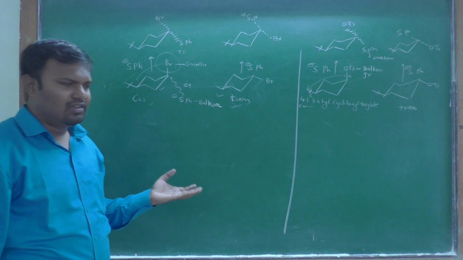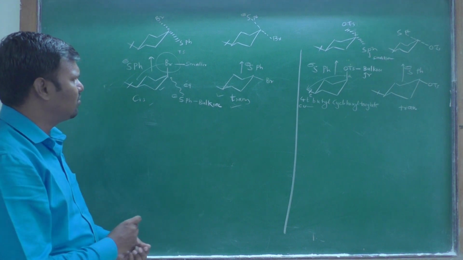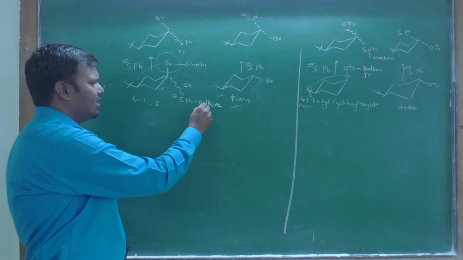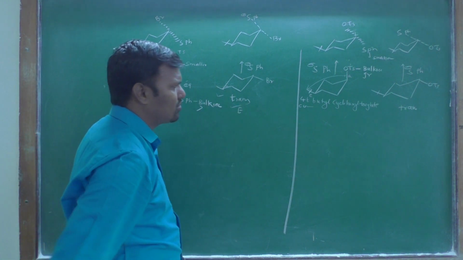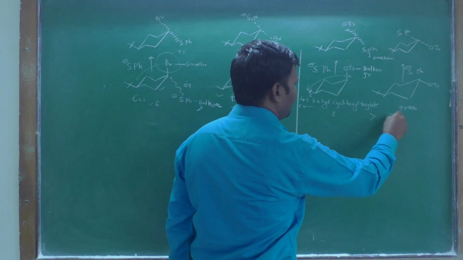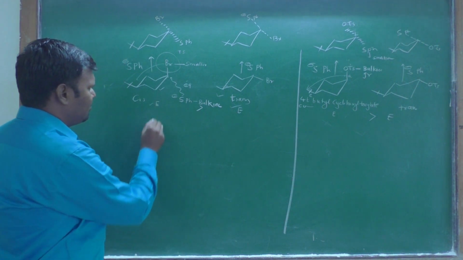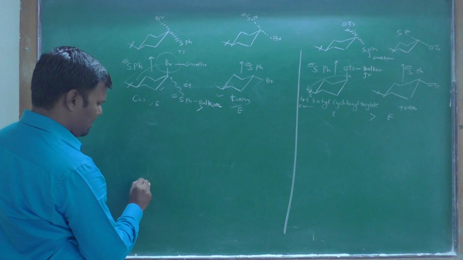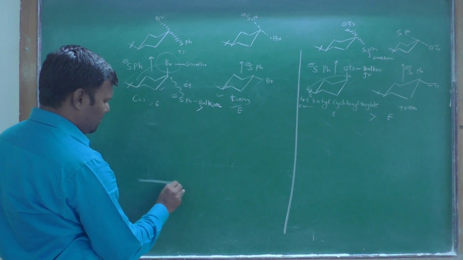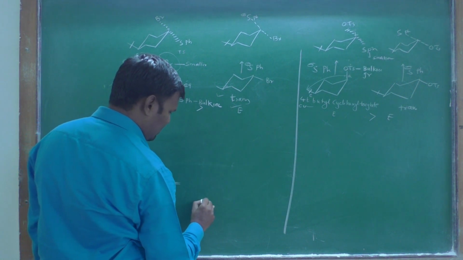Therefore the ground state energy of this is higher than the energy of this one. The same applies here: the energy of the axial one is higher than the energy of the equatorial one.